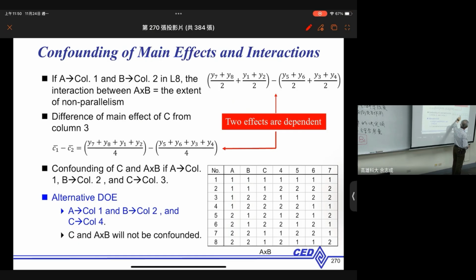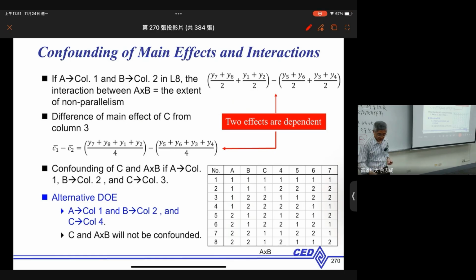So we want to avoid the confounding of C and AB. We can put C in a different column, such as column 4. If we move C to column 4, then the estimation of main effect C will not be related to the interaction AB.